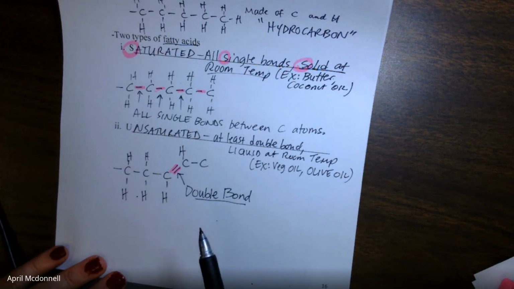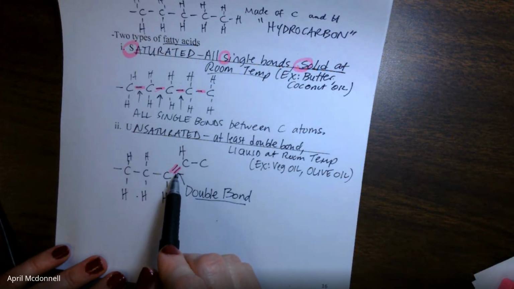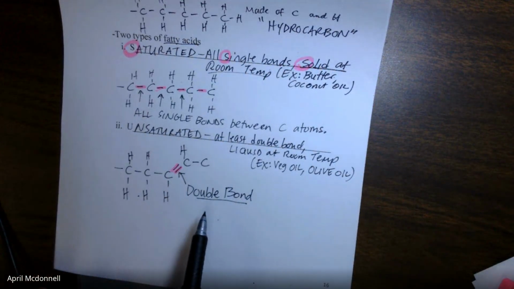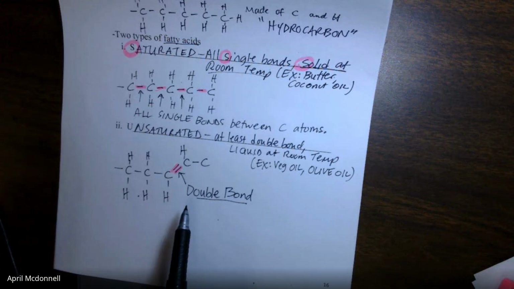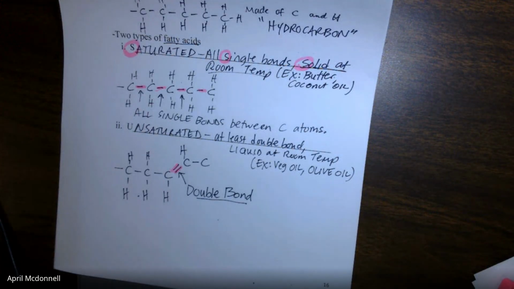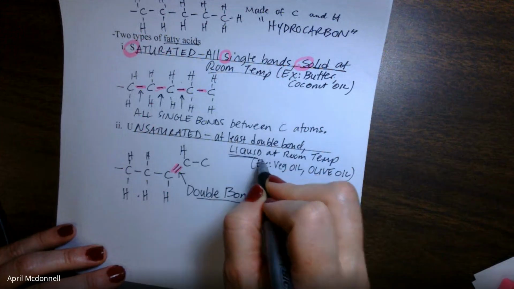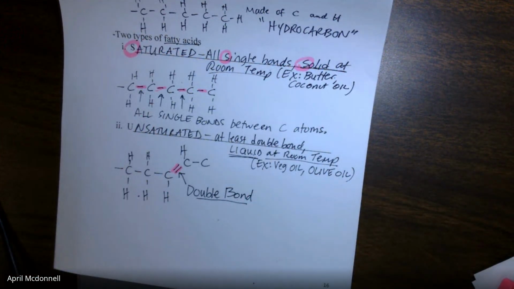When you have unsaturated fats, there may be presence of double bonds at different areas within the fatty acid chain. Therefore, you may not be able to sit one unsaturated fatty acid on top of another one due to the inconsistency that is produced by the presence of a double bond. And anytime molecules have a very inconsistent shape and we cannot stack them, they tend to be a little bit more disorganized in the volume of space that we're given, which gives them the characteristic of being liquid at room temperature.